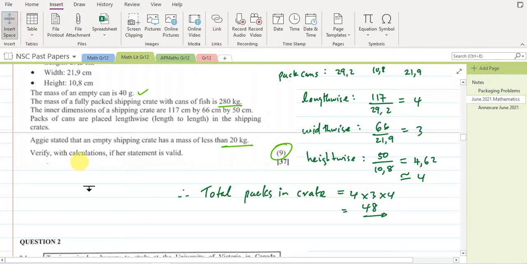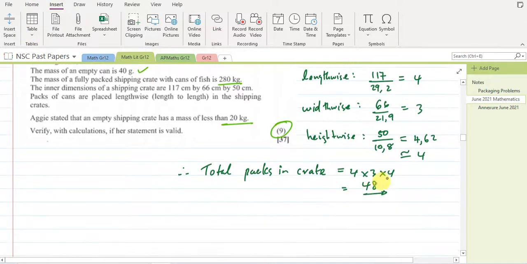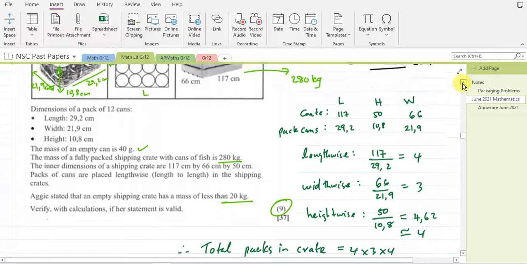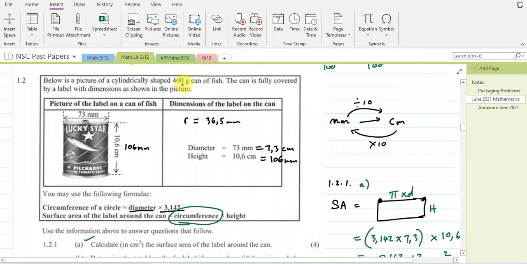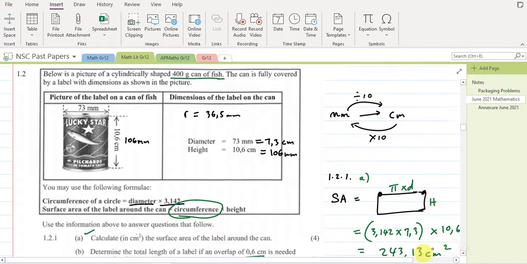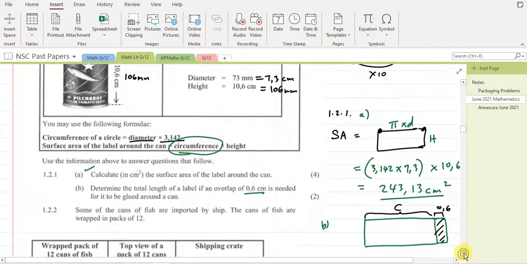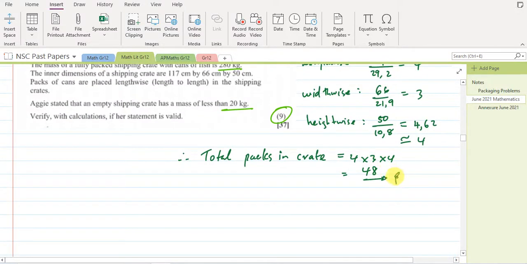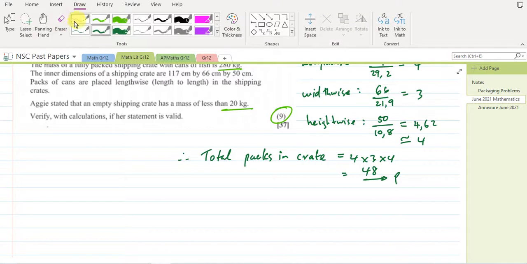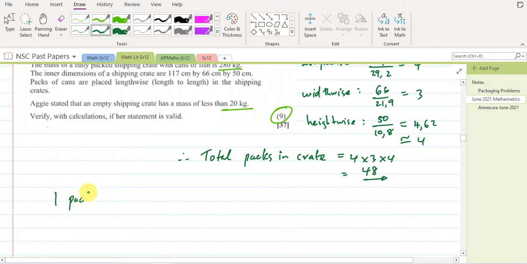Now the next thing is to work out the weight of these 48. So let's see, what was the weight of the 400 gram cans of fish, plus you've got empty cans. So let's look at one pack. Remember, there are 48 packs in the crate. So one pack is equal to how many kg?